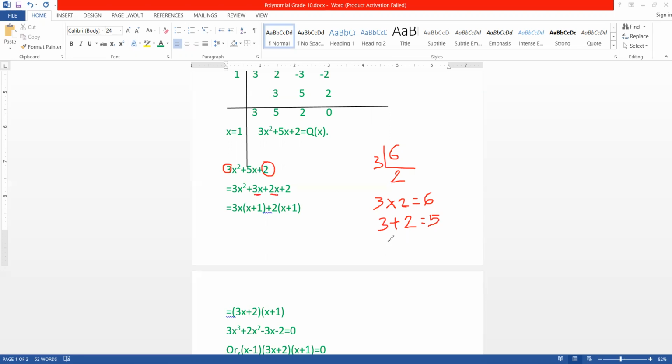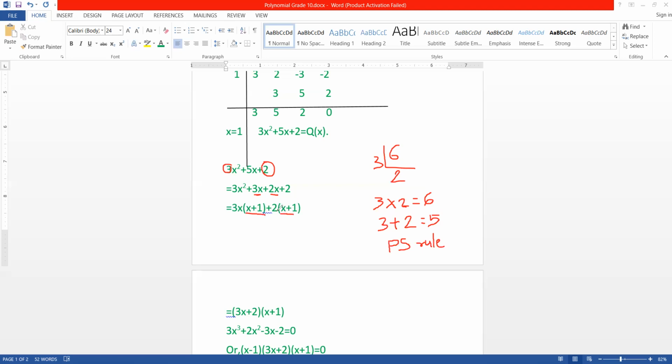So since you can see product and here sum, this is also known as PS rule. P means product and S means sum. Okay, so we are following the PS rule and making the product to be 6 and then their factors to be the sum 5, so that we can get the same thing here and here.